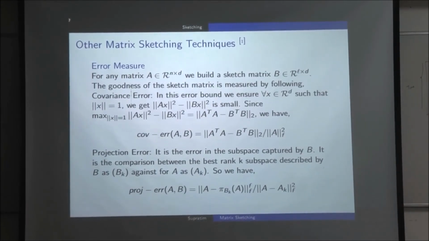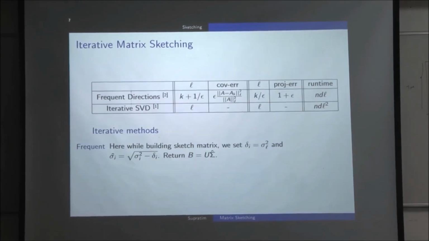And projection error is the comparison between the rank k approximation of the sketch matrix that we have built and the rank k approximation of the actual matrix that we have. These two errors we are mostly interested in whenever we build the sketch matrix.